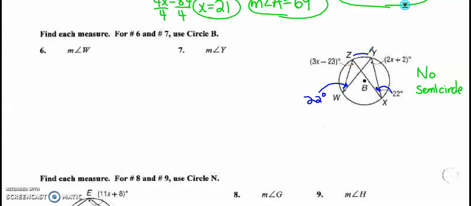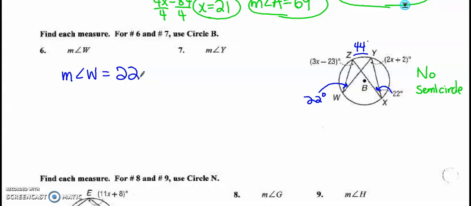And you also know the measure of that arc is double the inscribed angle. So that is 44 degrees up there. So we're going to start with that. I come over here and it says, what is the measure of angle W? I know the measure of angle W has to be 22.